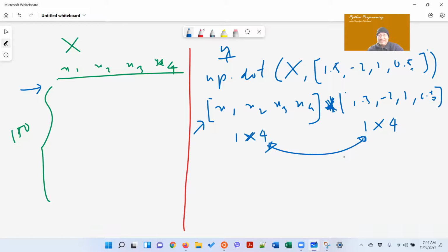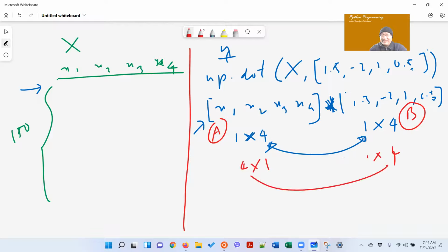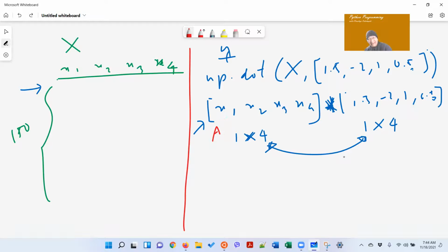भनेपछि अब यो दुईटा multiply गर्दाखेरि scalar आउनलाई एउटाले transpose गर्नुपर्छ. कुनलाई transpose गर्ने, A लाई कि B लाई? यसलाई A भनौं, यसलाई B भनौं. कुनलाई transpose गर्नुपर्छ? A लाई transpose गर्यो भने त 4/1 र 1/4, result 4/4 आउँछ नि त, मिलेन नि. सो केलाई transpose गर्नुपर्यो? B लाई गर्नुपर्यो नि त, of course. हेर्नुस् त, यो 1/4 छ, B लाई transpose गर्दा यसको 4/1 हुन्छ. ओके, यो दुईटा मिल्यो.